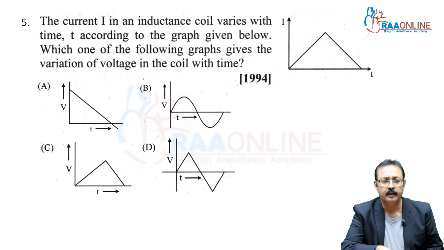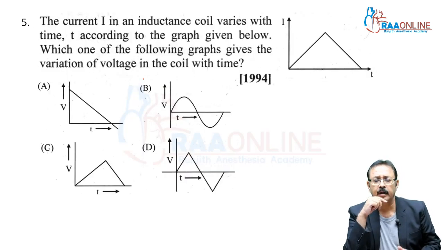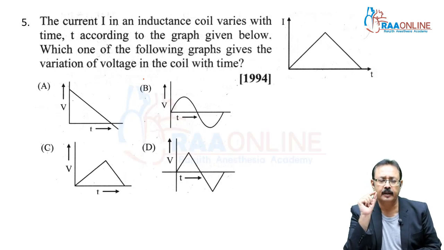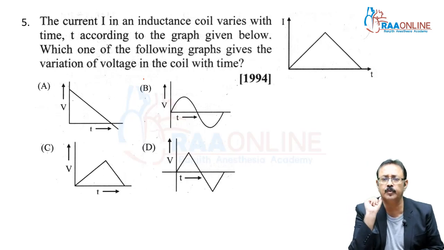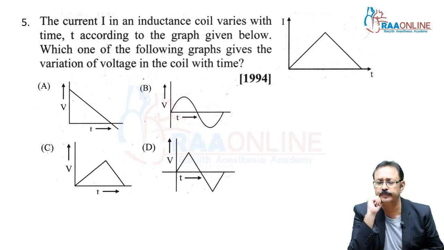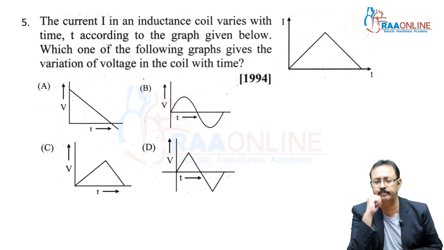Next, fifth problem. It is from 1994 AIPMT. The current I in an inductance coil varies with time t according to the graph given below. Which one of the following graphs gives the variation of voltage in the coil with respect to time?